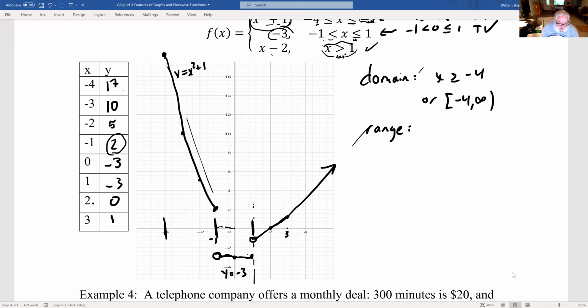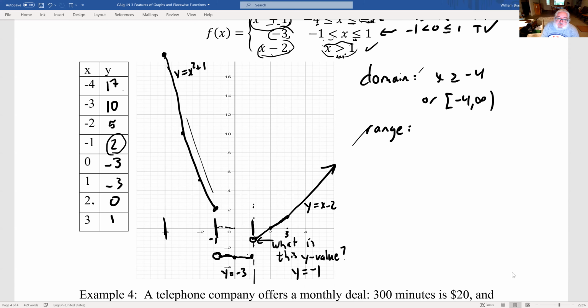But we need to know what is the y value, and that's the y value you would get, right? This is the equation y equals x minus 2. It's the y value that you would get if x is actually equal to 1. Right, but we don't actually plug in x equals 1 into this formula.